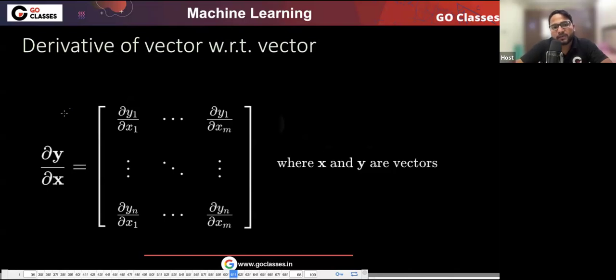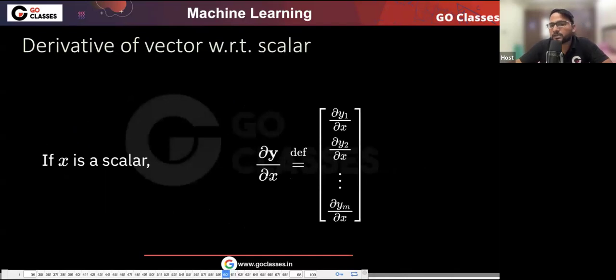Now similarly, suppose y is a vector and x is also a vector, then you can write it as a matrix. Every component of y will get differentiated with respect to every component of x. See here, if x is just one scalar, then you will write like this, I mean each y will get differentiated with x only.